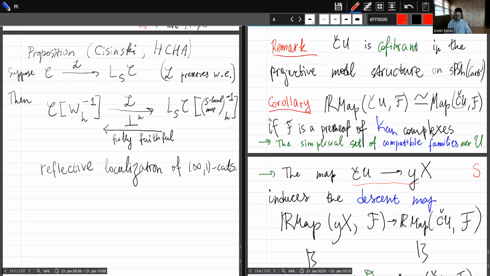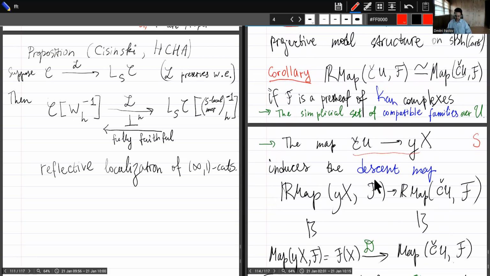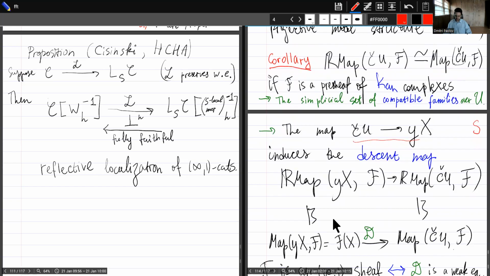What is nice about the projective model structure is that both derived mapping spaces can actually be computed as ordinary mapping spaces. So for the left side, we know this pre-sheaf is representable, and representable pre-sheaves are cofibrant in the projective model structure.